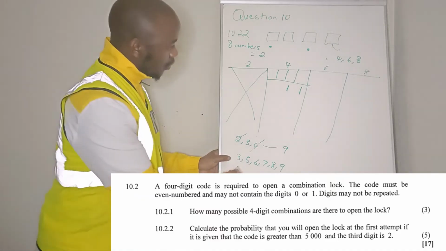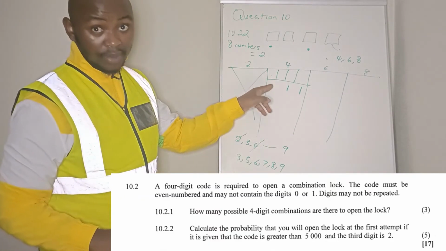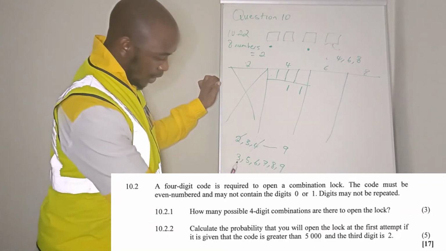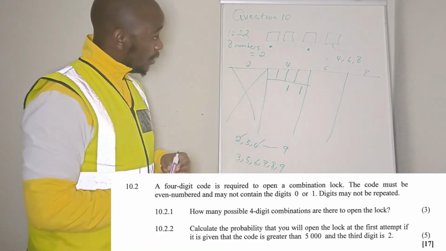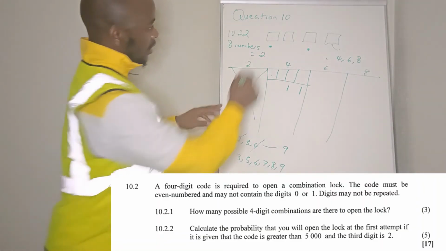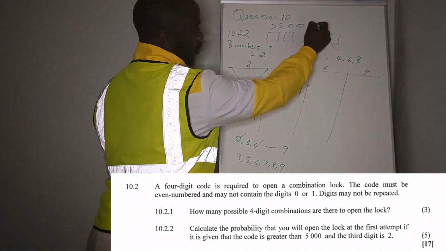Now if we go back to the first position, how many possible numbers can we fit in there? We have 6 numbers. But another requirement is that this number should be greater than 5000.